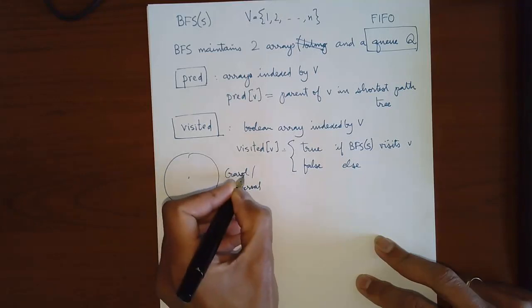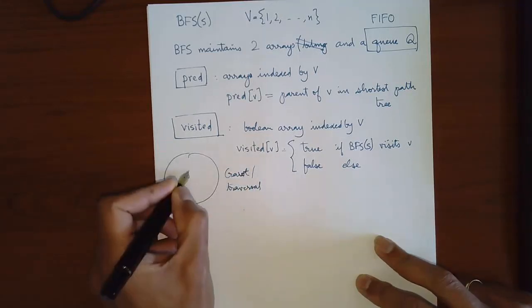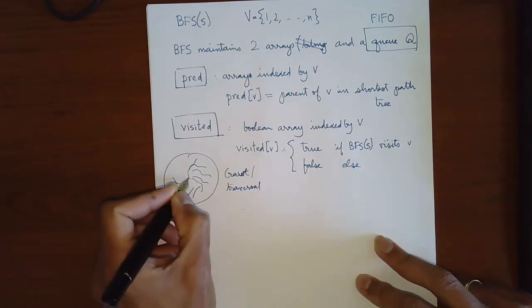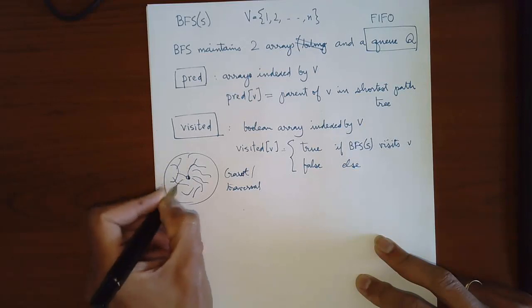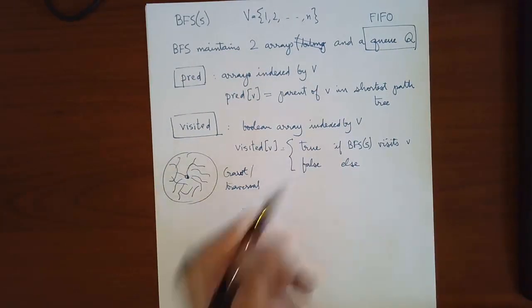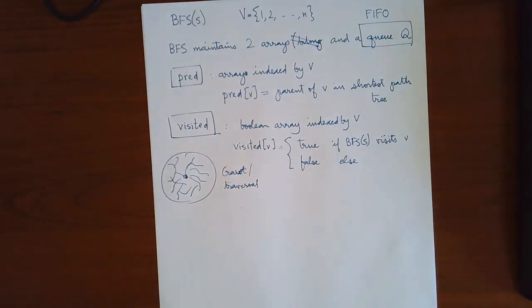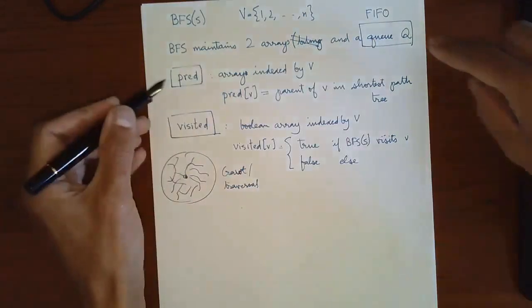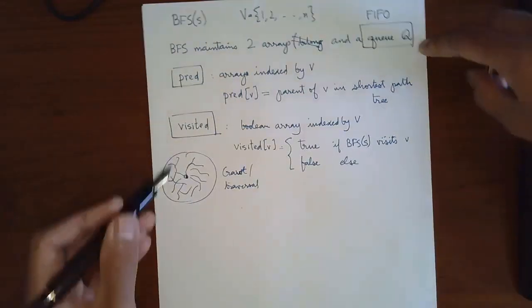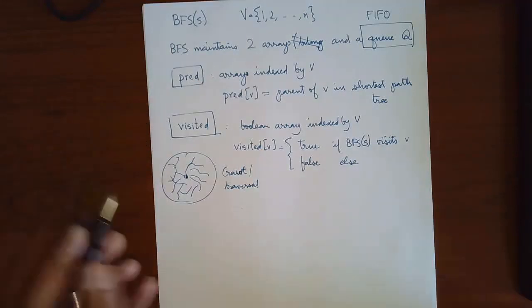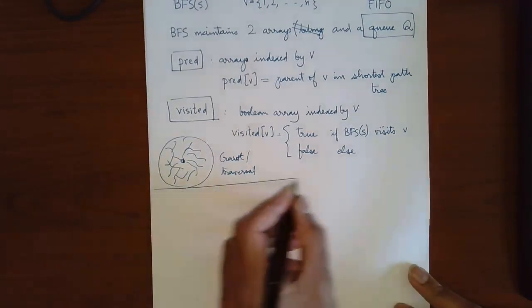It's going to start walking on certain paths, and as it walks, it's going to visit a bunch of vertices. Whatever is visited is labeled true, and what is not visited is labeled false. BFS is simply going to update these three data structures: the queue, the predecessor array, and the visited array.